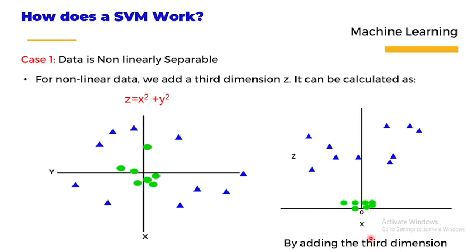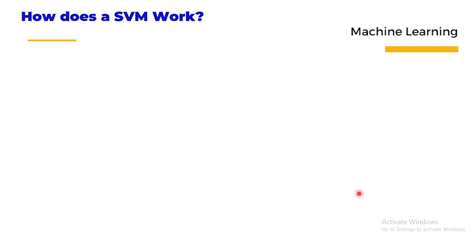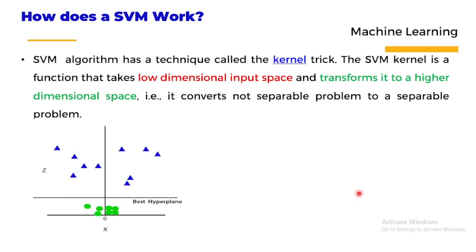So now SVM will divide the data set into the two classes. Here you can see SVM is dividing the data into the two classes. The SVM algorithm has a technique called the kernel trick, and the SVM kernel is a function that takes the low dimensional input space and transforms it to the higher dimensional space.